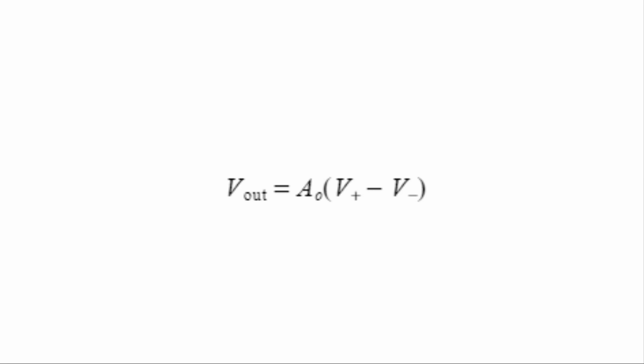For a real op-amp, the impedance is finite, typically between 1 million to 1 trillion ohms. The output impedance for an ideal op-amp is 0. For a real op-amp, it's typically between 10 to 1,000 ohms. And rule 3, the input terminals of an ideal op-amp draw no current. This is basically true for a real op-amp as well. The actual amount of input current is usually insignificantly small.